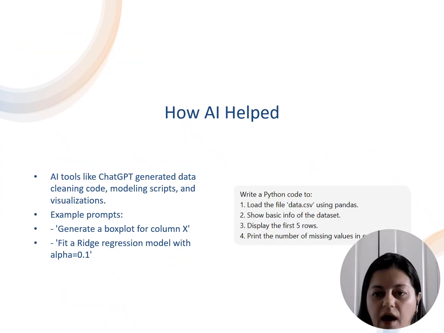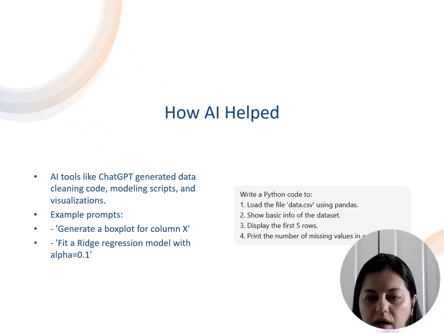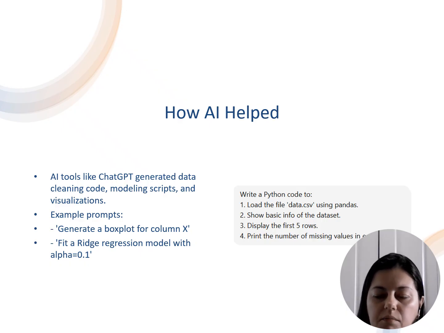How AI helped? Generative AI was a big help throughout this project. I used ChatGPT as a coding assistant, especially during the cleaning and modeling phases. AI helped me to write Python code for handling missing values, creating plots, and building regression models.